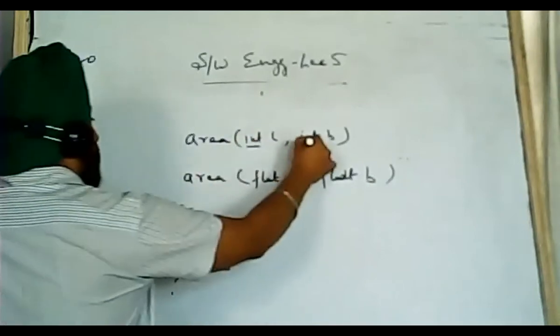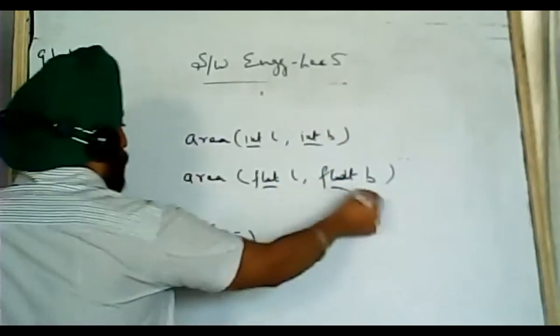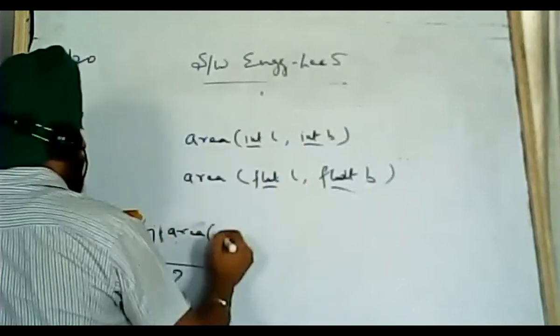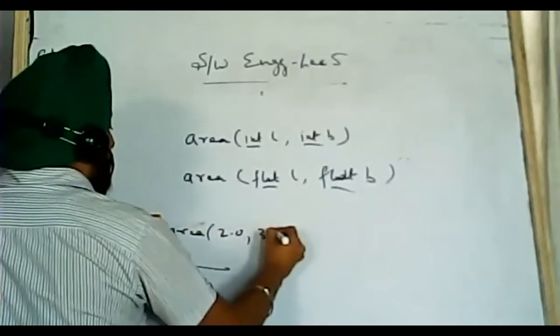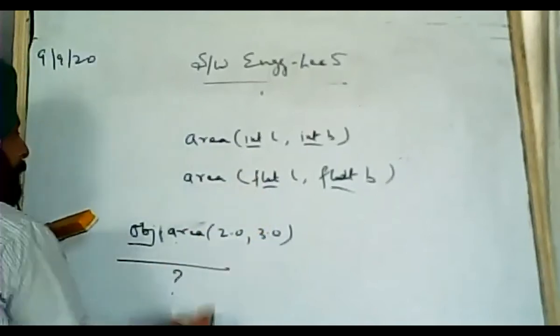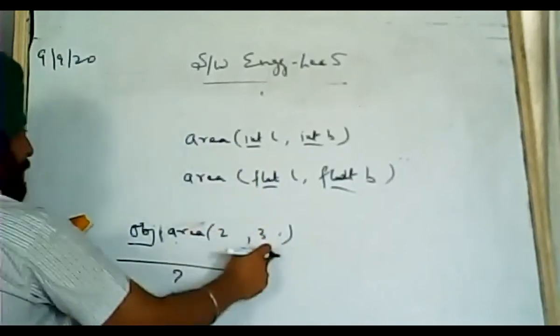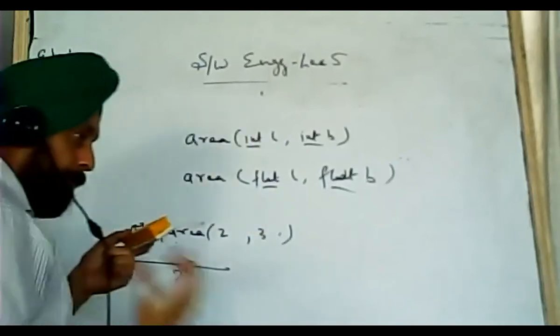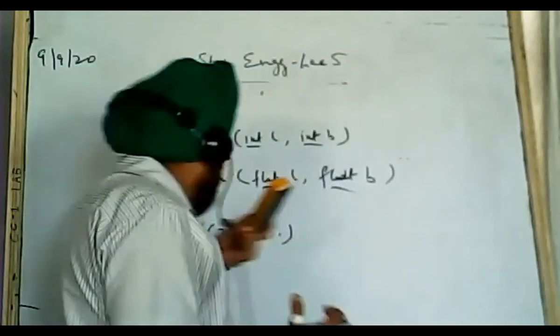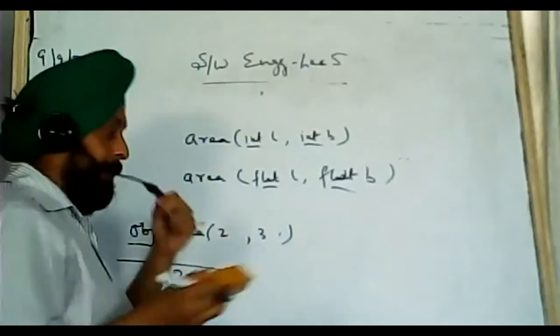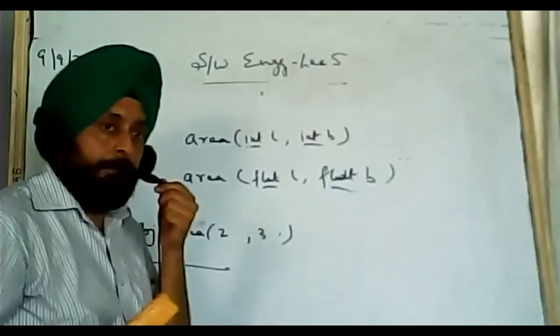Here it is of integer type, here it is of float type. If we call with 2.0 and 3.0, then this will be called. If we call the function and pass the parameters 2 and 3, then this will be called. So the second way is having different data types of your parameters.